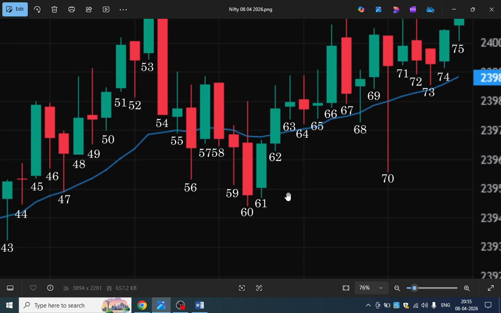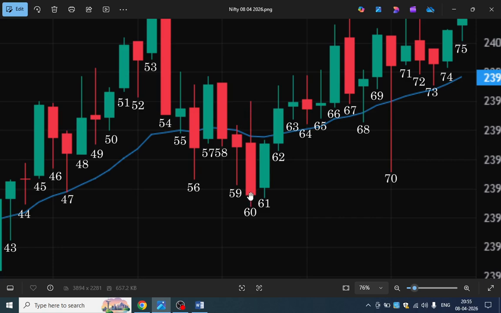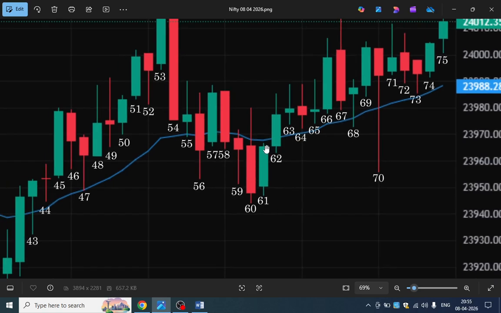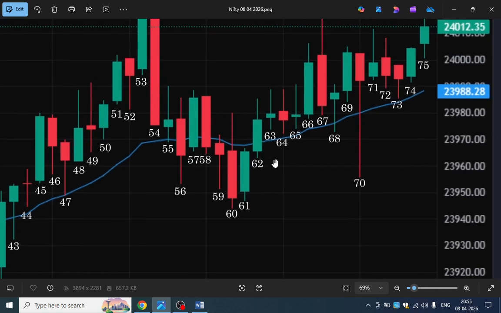Now this is also one interesting thing to notice, that this is a bullish engulfing, after a bearish bar, where bears wanted to take control but were immediately rejected, because the buyers were so aggressive that they didn't want the price to hit below 60, and they took charge, and 61 and 62 were formed.